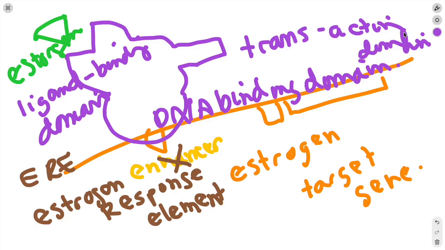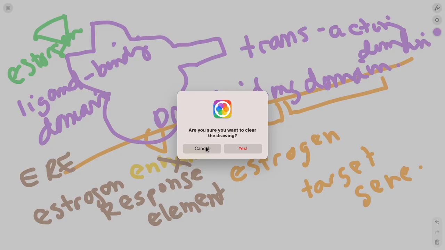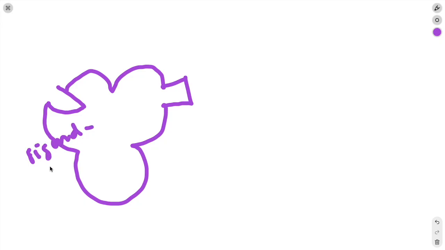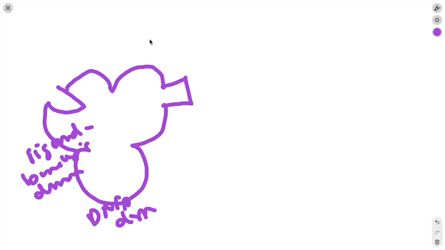All right? Now I'm just going to erase this and draw that purple shape, because what we see is this: in the absence of estrogen, the DNA binding domain has a slightly different shape, and as a result, the transacting domain is shaped like that. So that's the DNA binding domain, the ligand binding domain, sorry if I misspoke, and the transacting domain.